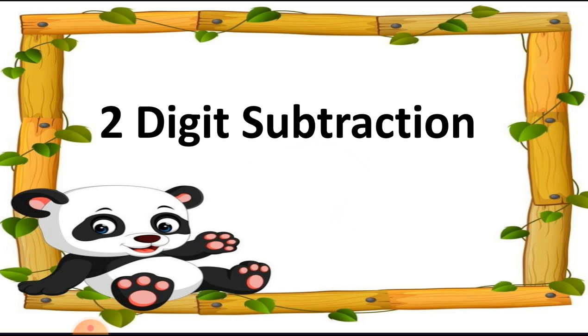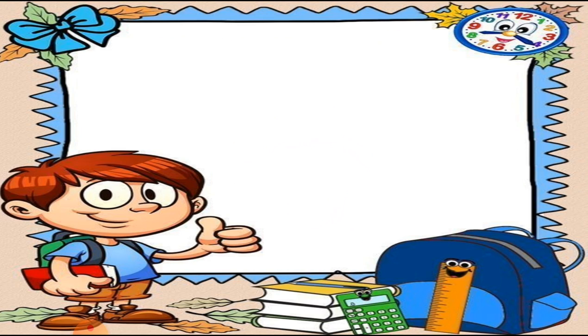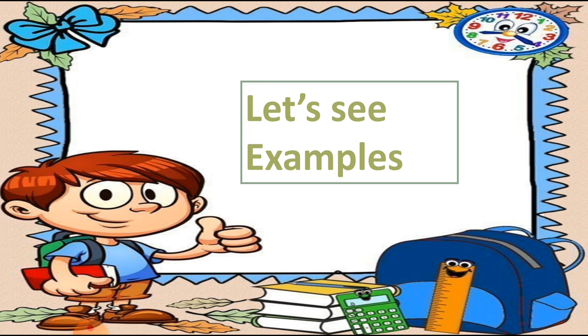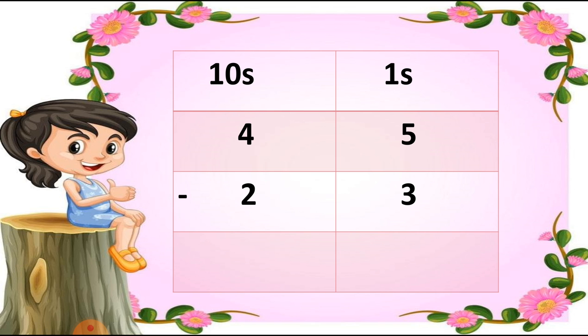Now let's see the 2-digit subtraction first. This is the revision. We already did this in the previous lecture, but we do revision here. So let's see some examples. Here is the example. As I told you, always start subtracting with the ones column, on the right side.